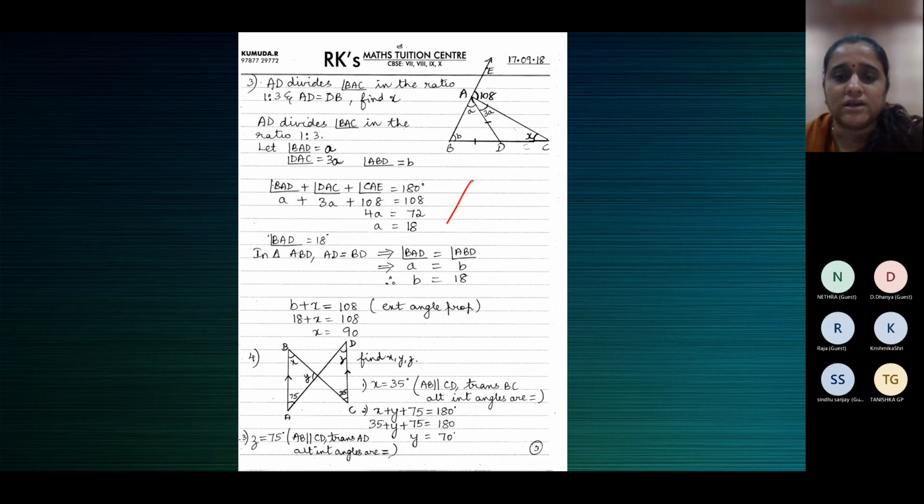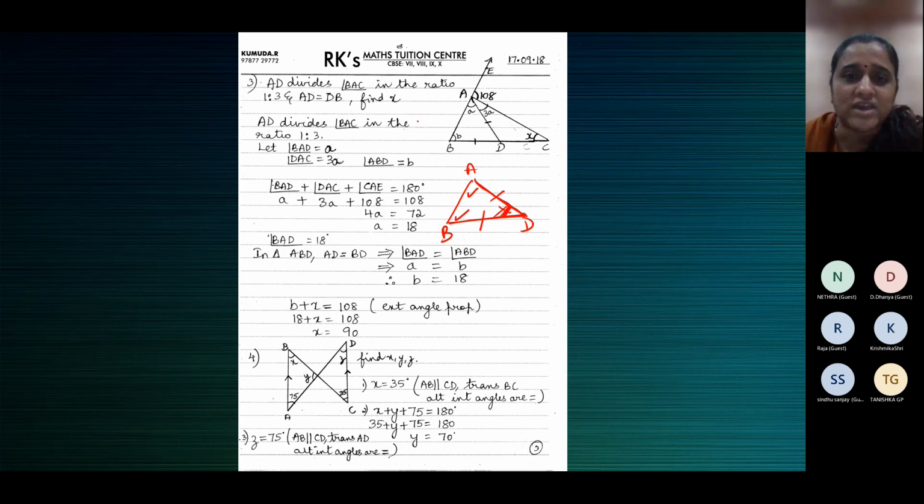So again, in this triangle BAD, this side is equal to this side, as given in the question. These two sides meet at D. Leave that angle. The remaining two angles of the triangle are equal.